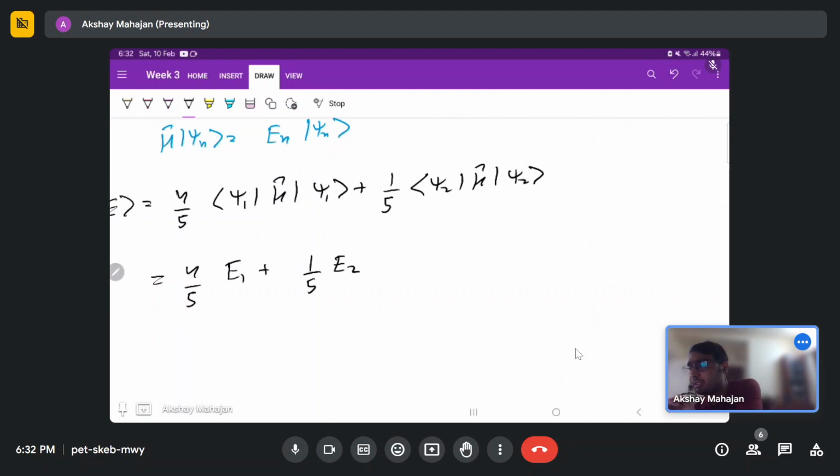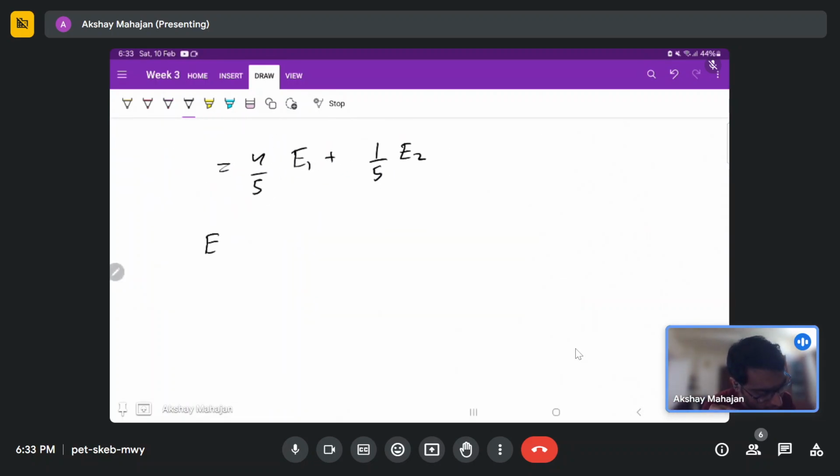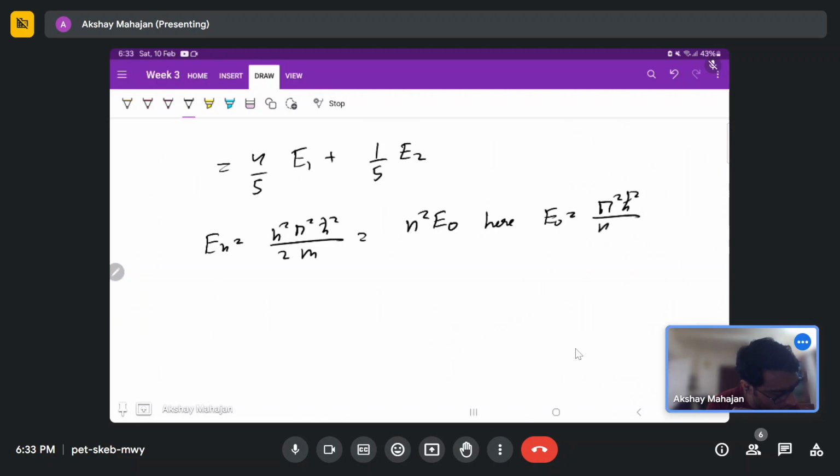I will write my En as n² π² ħ² by 2m, with unit length so I am just using 2m here, and I can write this as n² times E0. So here E0 is equal to π² ħ² by 2m. This is, you can say, the ground state energy.